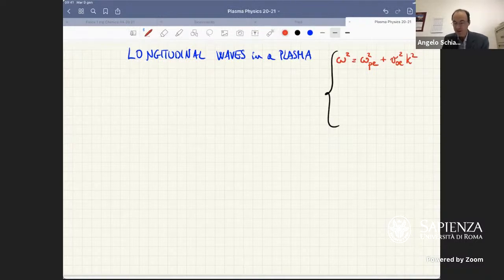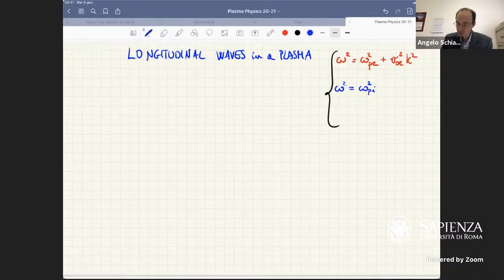If we take into consideration the ion motion, then we get to a very similar equation. The derivation is basically the same. We neglect the interaction of the electrons, and we focus on the interaction of the ions with the electric field. And what you get is a similar relation, where here we have omega pi, which is the plasma frequency for ions. So it's the same formula of the plasma frequency, but instead of using the charge of the electron and the mass of the electron, we use the charge of the ion and the mass of the ion.